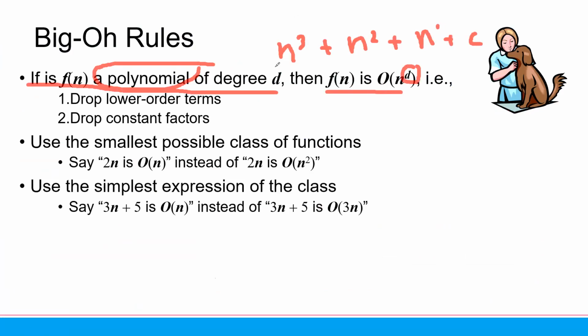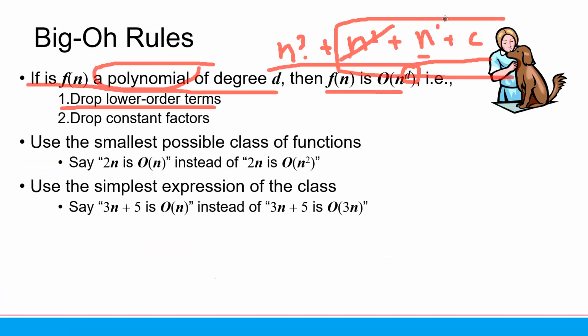So if you have this kind of polynomial, first drop the lower order terms. Lower order means if it is n power of 3, n power of 2, n power of 1, and c, you can drop these. Drop means you can just remove them.